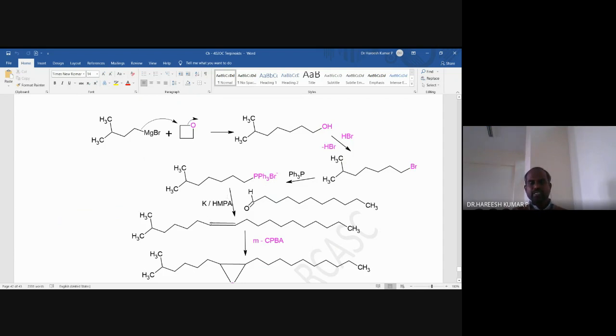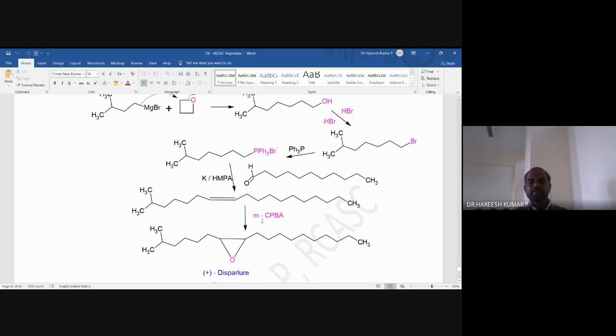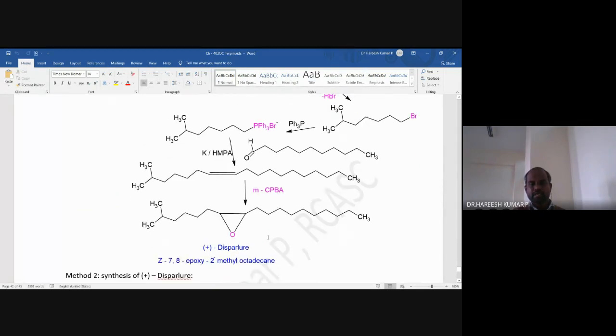Once there is a double bond formation like this, it is converted into an epoxide, which is nothing but an oxidation using a peracid. What is the name of the peracid? Metachloroperbenzoic acid. The obtained compound is Disparlure, and this will be the IUPAC nomenclature.